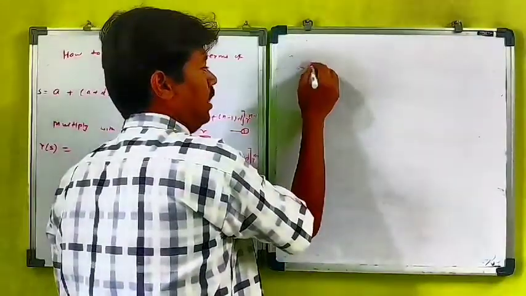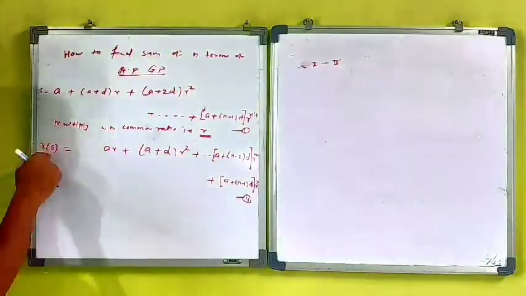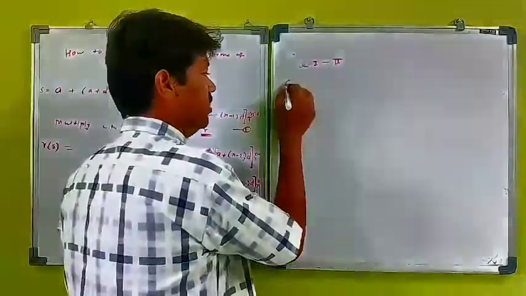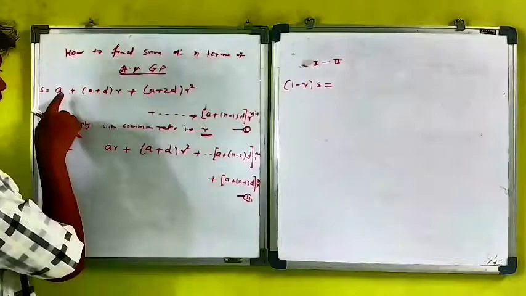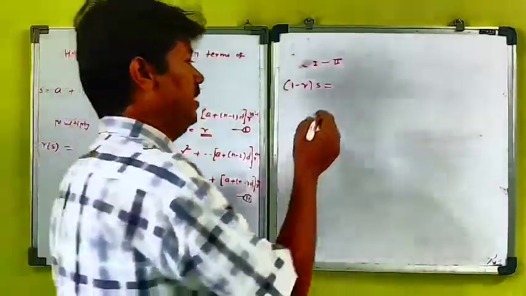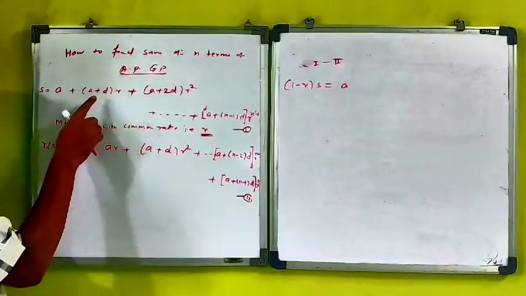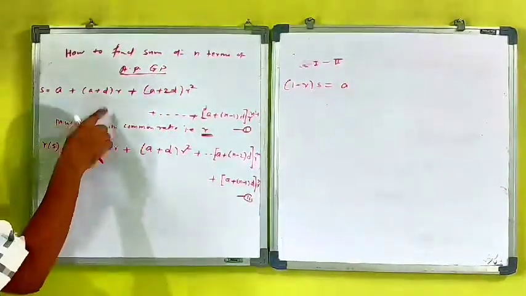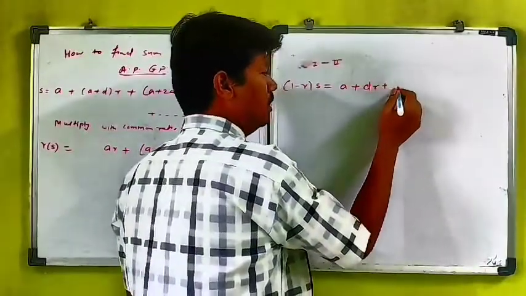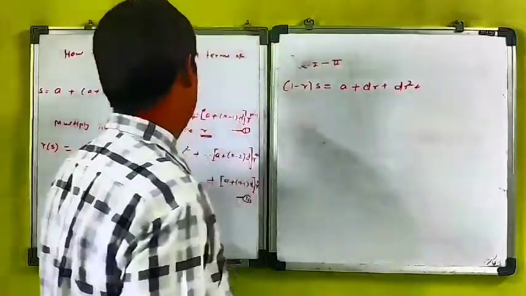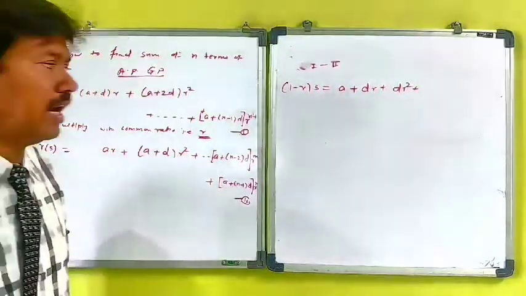Subtracting the second from the first gives S minus rS, that is (1 minus r) into S. Here the first term remains as a only. If you take r common, then a plus d minus a becomes dr. The next term will be dr square, since a plus 2d minus (a plus d) gives d.